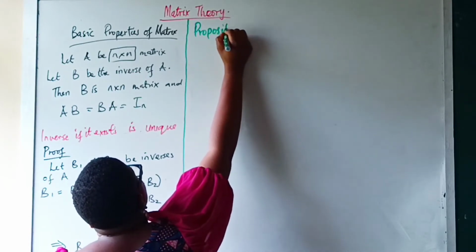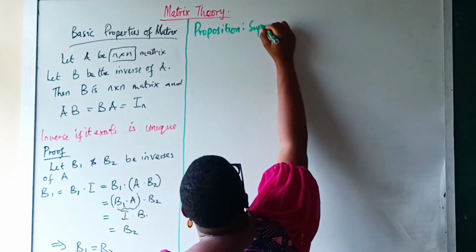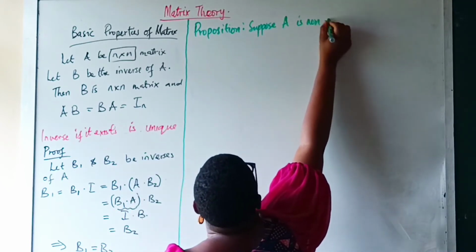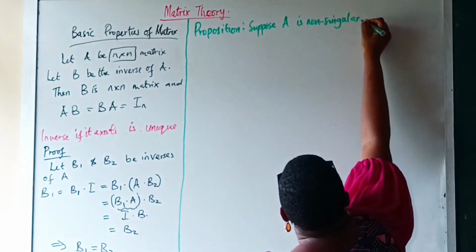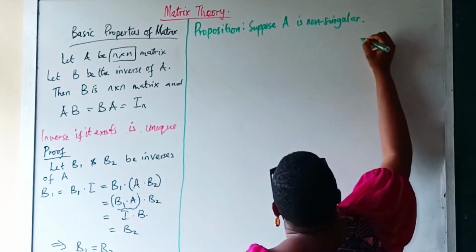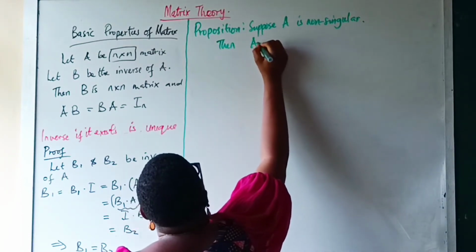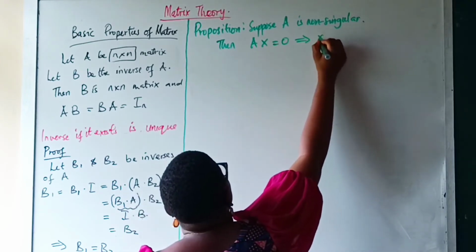Proposition. Suppose that A is non-singular. Then A times X is equal to 0 implies that X is equal to 0.